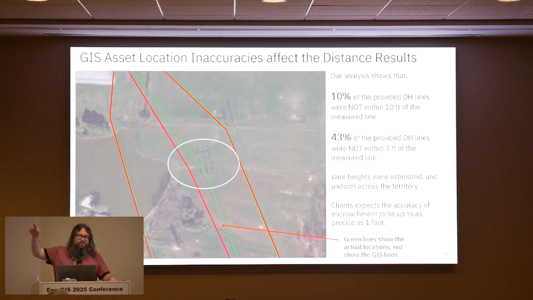Transmission lines have massive sag, and especially under load. And even distribution lines are going to differ, especially if you have them stacked or sideways. There's so many different configurations. So when the clients expect us to be accurate to within a foot, as in there's a branch within 1 foot of this power line, the client GIS assets are already out, right? Because those aren't within 1 foot to begin with.